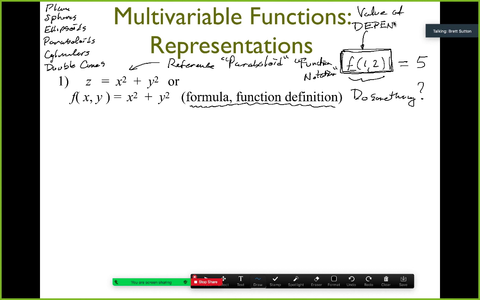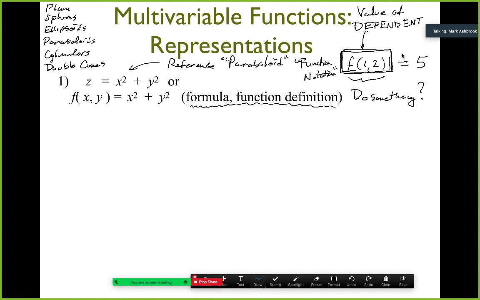Yes, it's the value of the dependent variable, and it tells us exactly which value it is: the value of the dependent variable when the independent variables are taken as 1 and 2. So when x is 1 and y is 2, this thing represents the value of the dependent variable of this function. And we can use that. We don't have to calculate it.